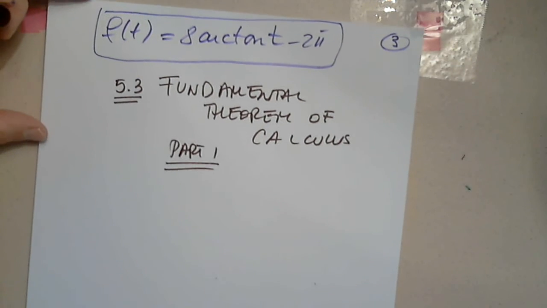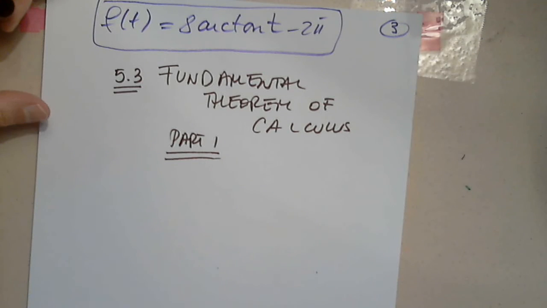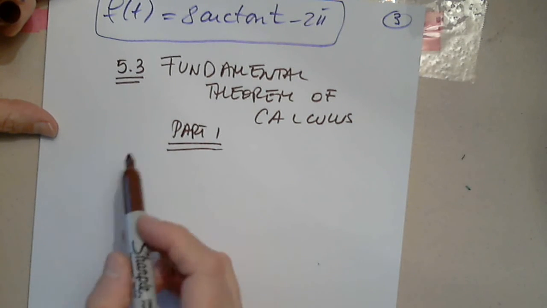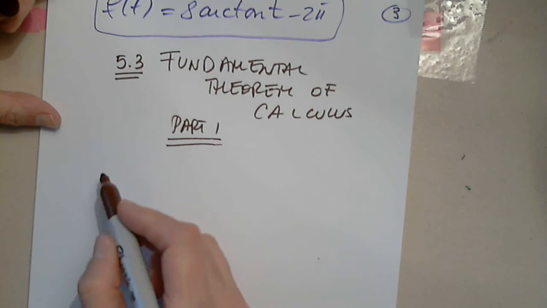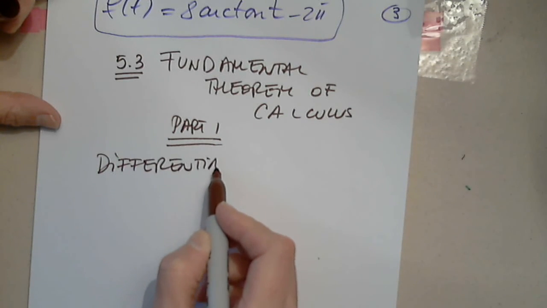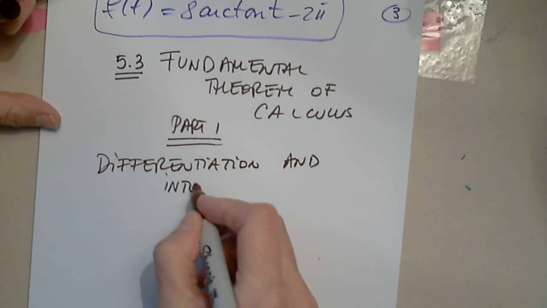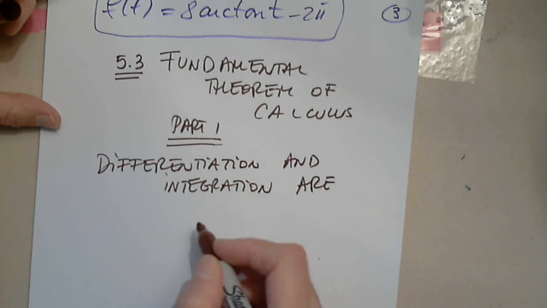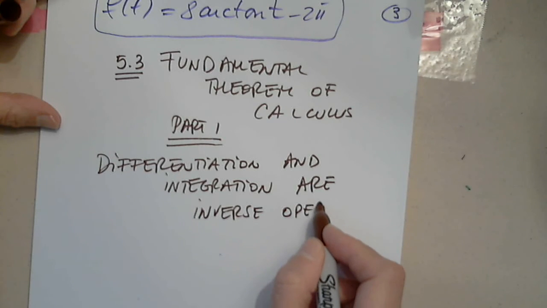We know what it is all about, but how does it pan out? What does it mean, really? How do we illustrate this? So part 1, I'm going to write it again. It shows that differentiation and integration are inverse operations.